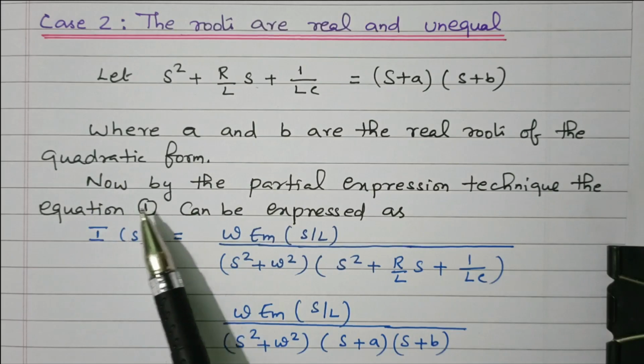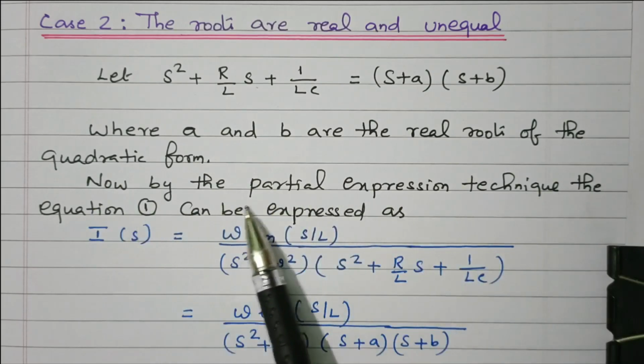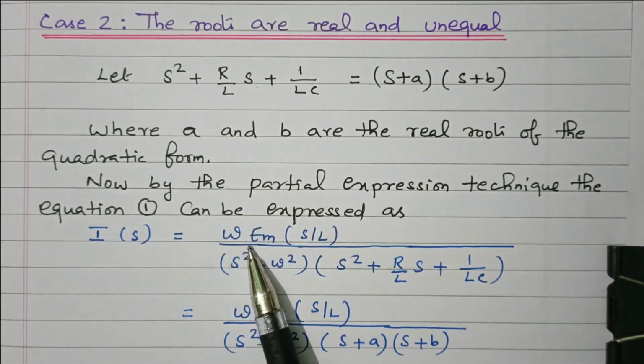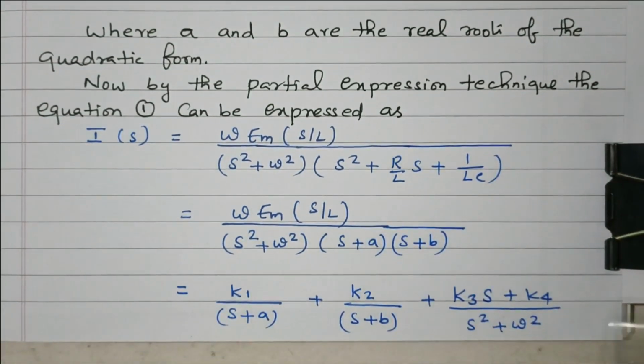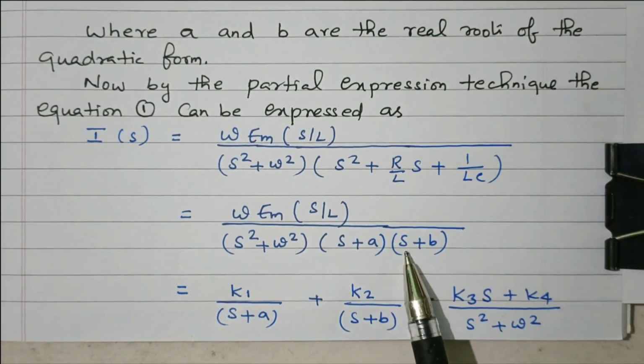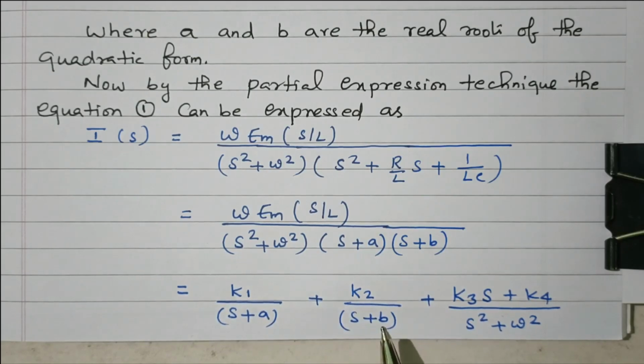Now equation 1, by using the partial fraction technique, can be expressed as omega Em and so on. This term is expressed as (s plus a) into (s plus b). So by the partial fraction technique: k1 divided by (s plus a) plus k2 divided by (s plus b).